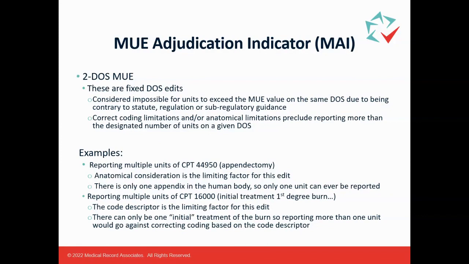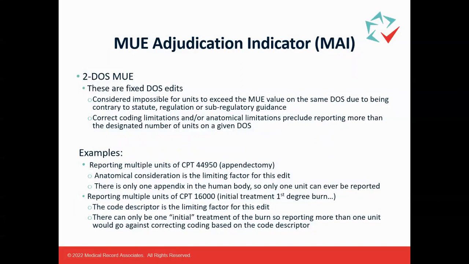So a data service modifier, a data service MUE, a date of service MAI MUE, sorry about that, are fixed for that data service. So here's a couple of examples listed for you. Reporting multiple units of CPT code 44950, an appendectomy, would be inappropriate.